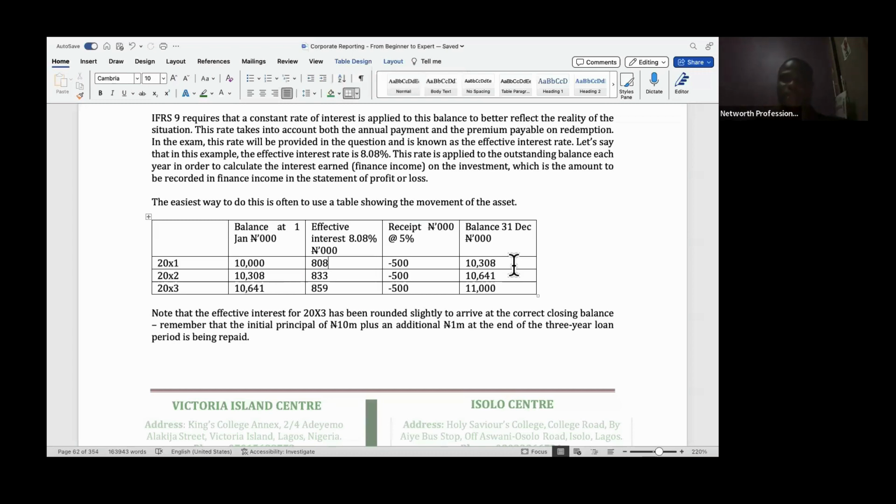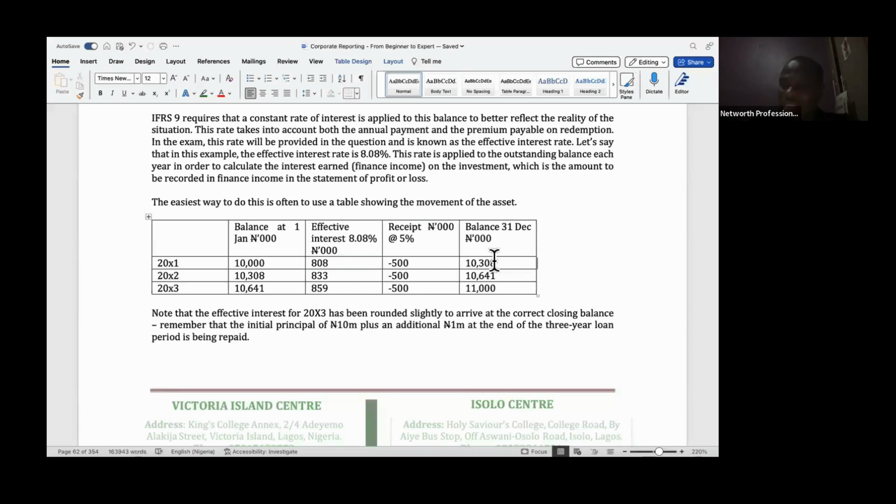Let's say they give us 10,500 as fair value, assuming. In year one, the examiner tells you to measure it at fair value through OCI. You still do this that we have done. But instead of putting 10,308 in your books as non-current assets, it is the fair value the examiner gave you that you are going to use.